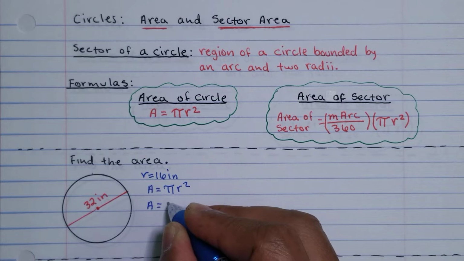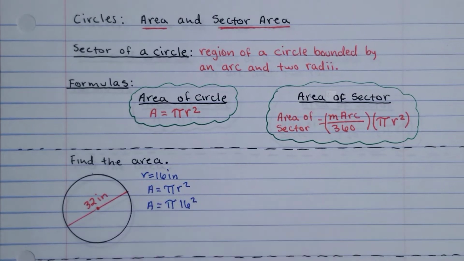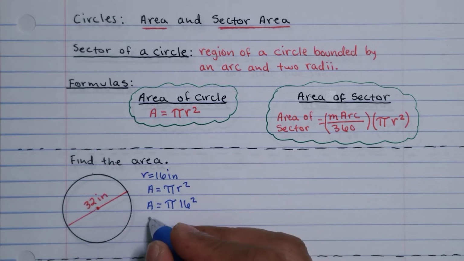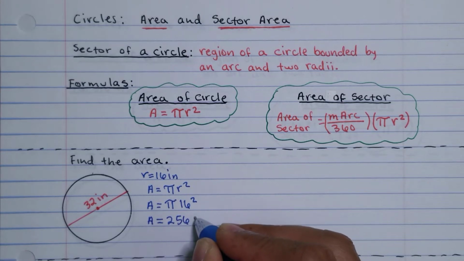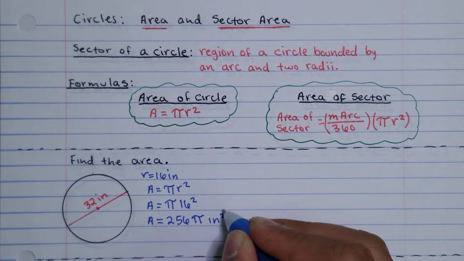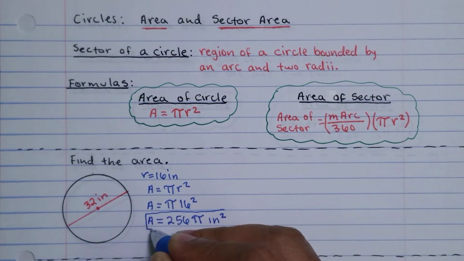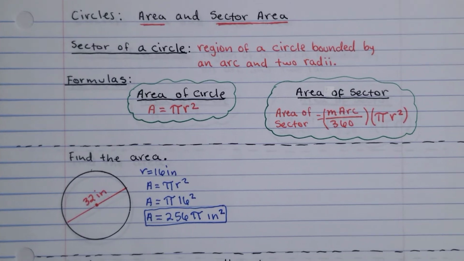So the area equals pi times 16 squared. And since 16 squared is 256, this will be 256 pi, and in this case it's going to be inches, and since it's area, it's going to be units squared. So there is the area of the circle. And as you can see, it's a very straightforward and simple example.